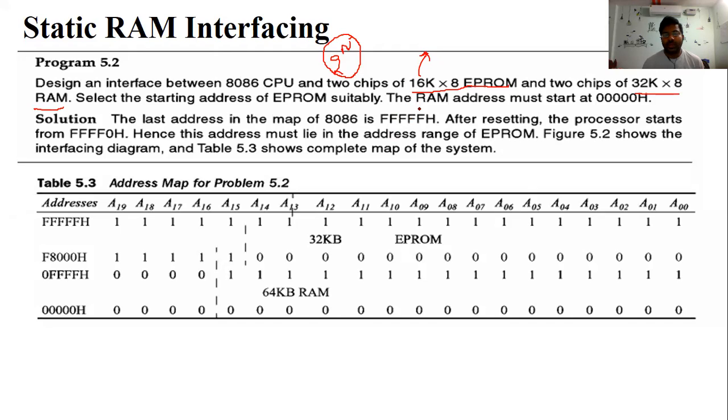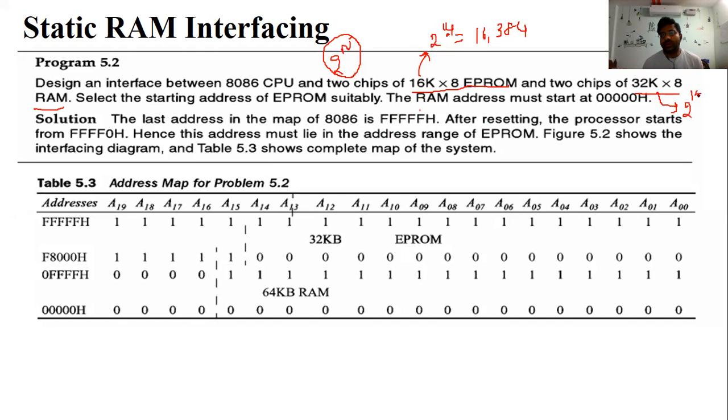How many lines are required here? 2 power 14 is 16,384. So 14 address lines are required in this case. And here, 2 power 15 is 32,000, so 15 address lines are required.